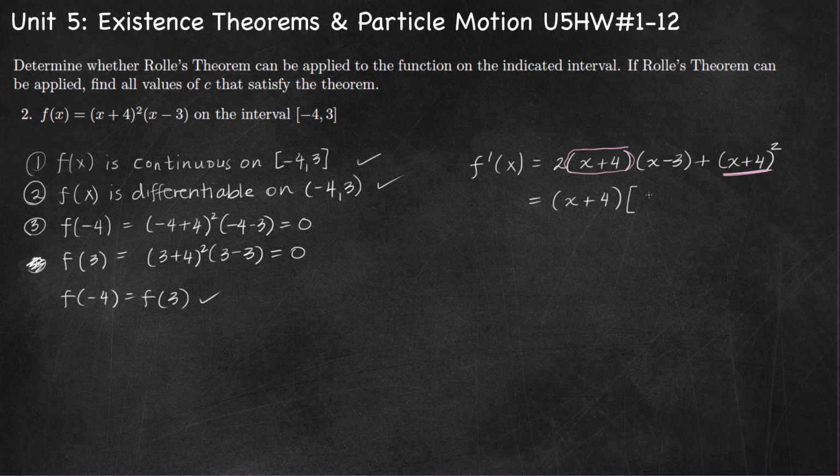So that's leaving behind 2 times x minus 3 from the first term and x plus 4 from the second term. And then I'll simplify in the brackets here. So that's 2x minus 6 plus x plus 4.